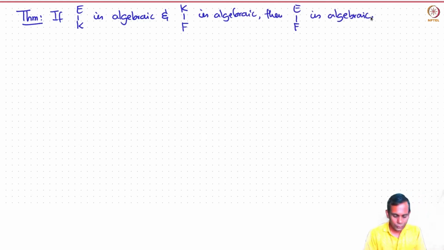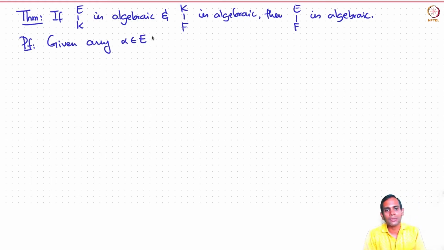In order to prove this, we need to show that given any α in E, F(α) over F, that is this degree, is finite. This is what we need to show. Okay, so let's try to do that.